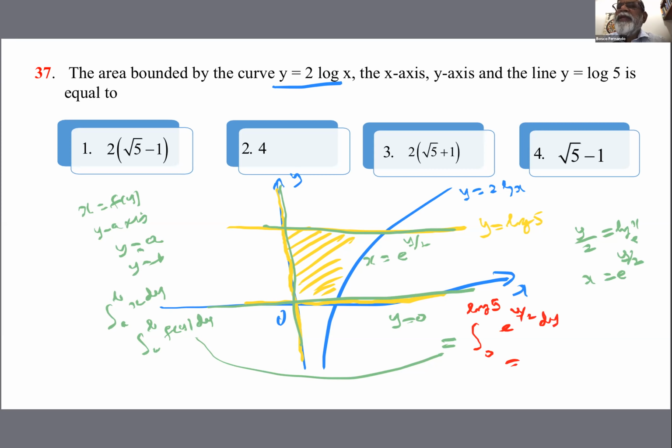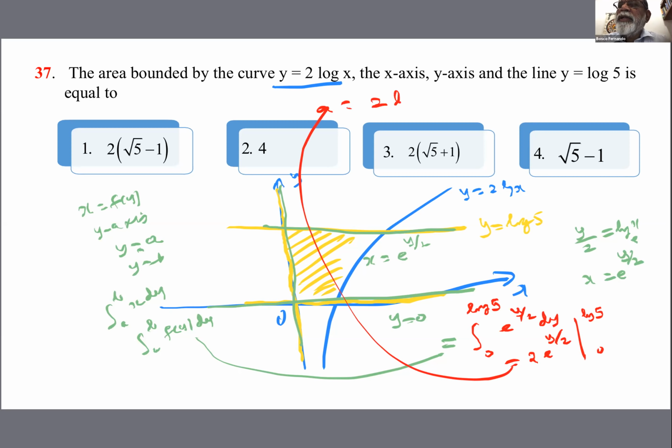The integral of e power mx is 1 by m into e power mx, here 1 by half, that is 2, into e to the power y by 2, to be evaluated between log 5 and 0. Space is less, so I lift it here.